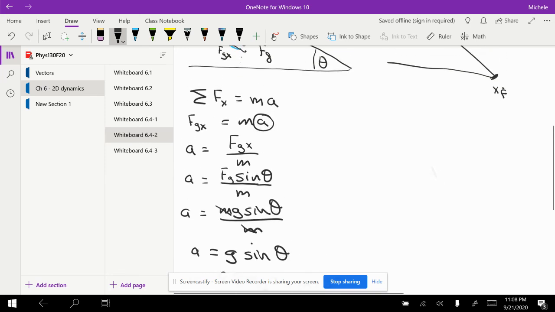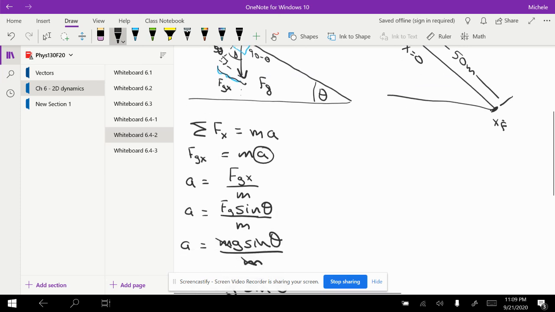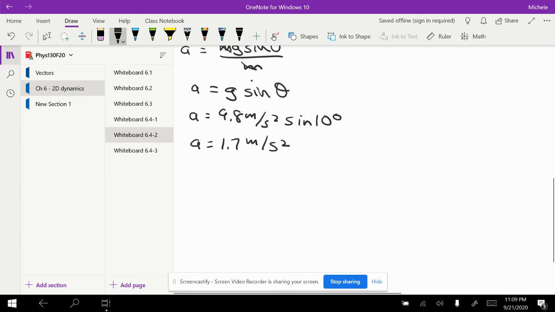I also know that from x0 to x final is equal to 50 meters. So I'm going to use v final squared is equal to v initial squared plus 2a delta x.